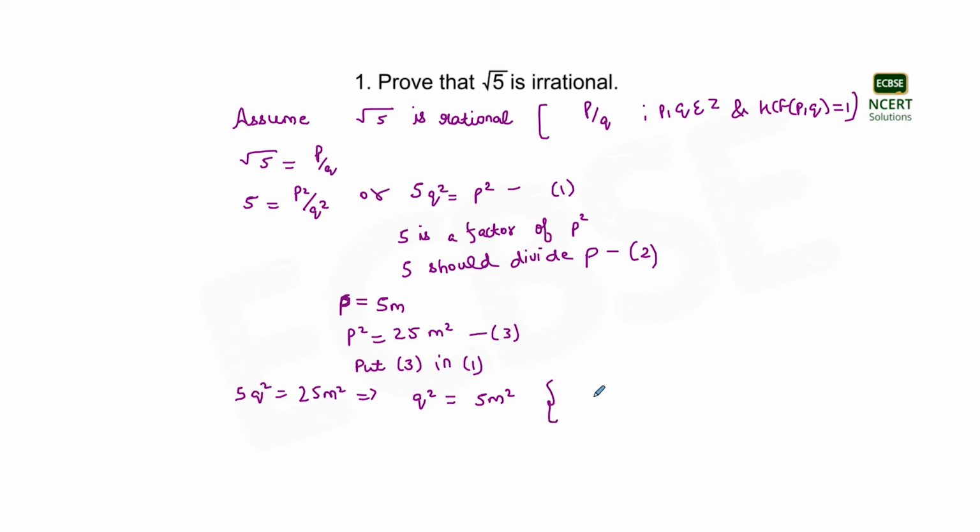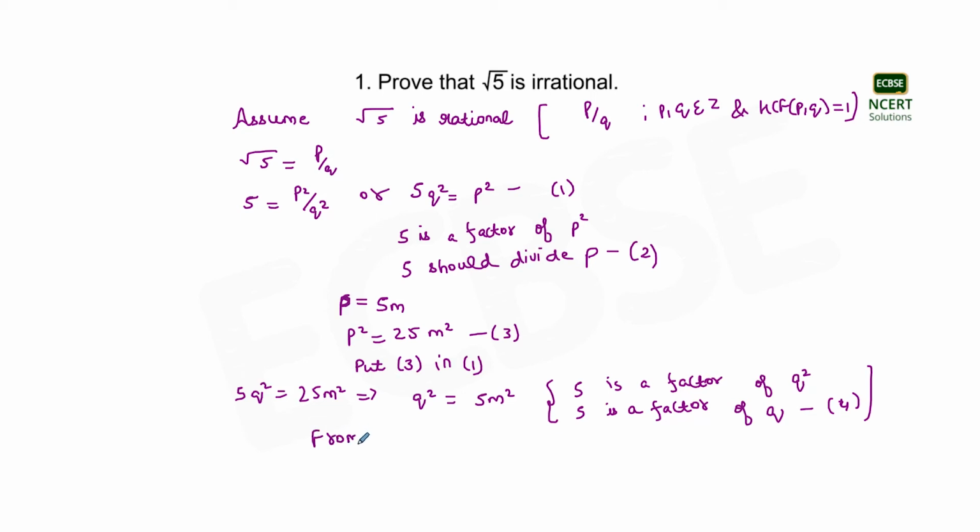From this, we can say that 5 is a factor of q square. Again, applying the fundamental theorem of arithmetic, we can say that 5 is a factor of q as well. Let us mark this as 4.